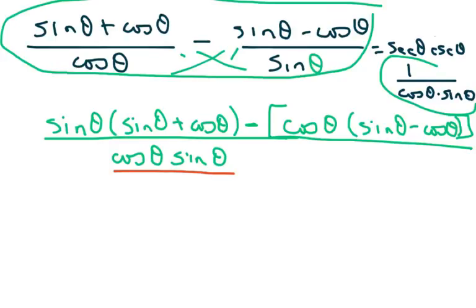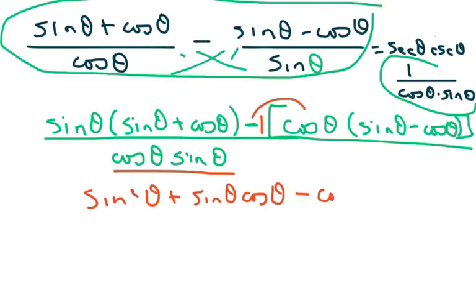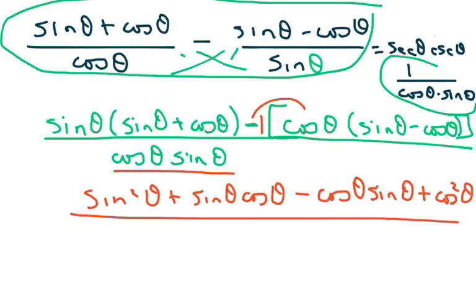So I'm going to distribute. I get sine squared theta plus sine theta cosine theta. And then I'm going to distribute here and do this negative 1 thing. So we're going to get negative cosine theta sine theta plus cosine squared theta all over my common denominator.